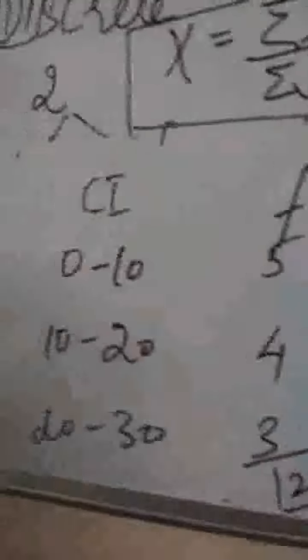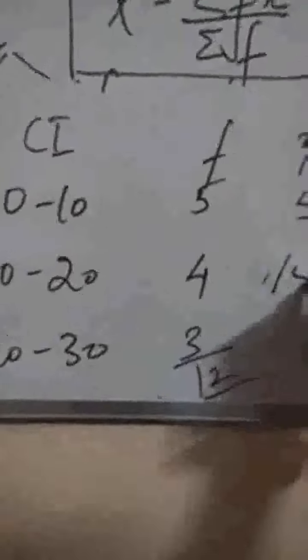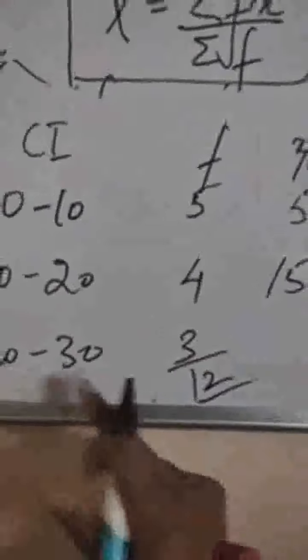Here we were using fx, but here there is no x. Now we need to calculate it. It can be x, or you can even say m. In some books you will find different editions. They use x or they call it m. M is actually the midpoint. Now what is the midpoint between 0 to 10? It is 5. From 10 to 20 it is 15, and from 20 to 30 it is 25.